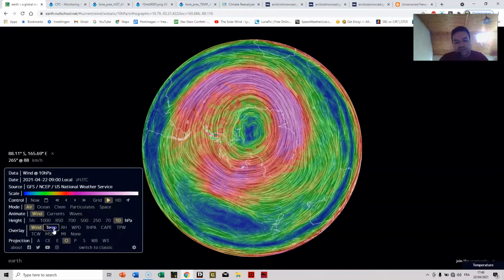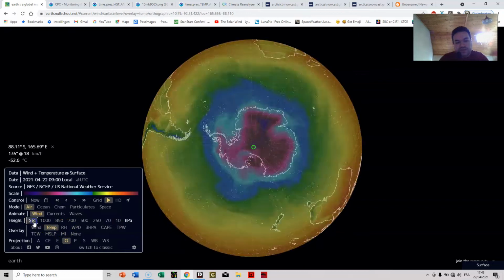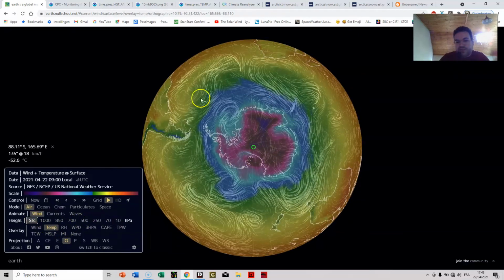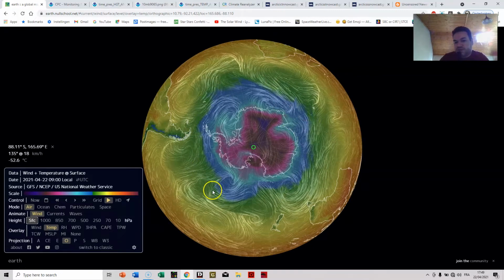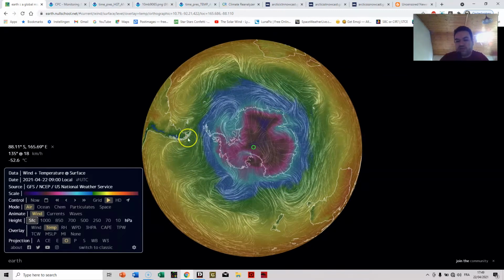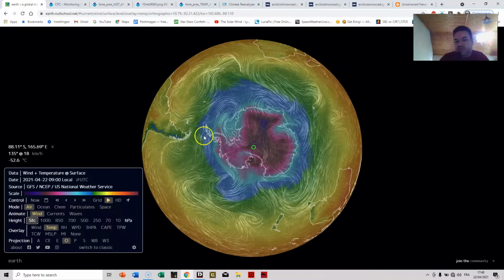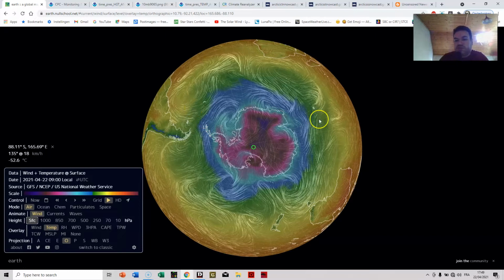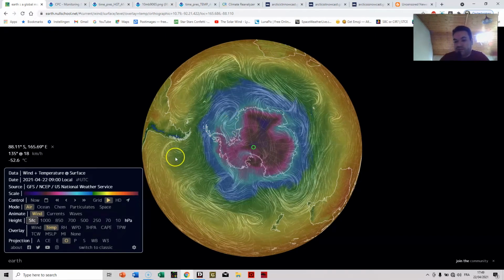If you look at the temperature, let's take a look at the surface temperature. We can see that this is the case, especially in the southern hemisphere. Partly because it is surrounded by oceans, but mainly because the polar vortex is very vigorous over Antarctica and not erratic, most of all.